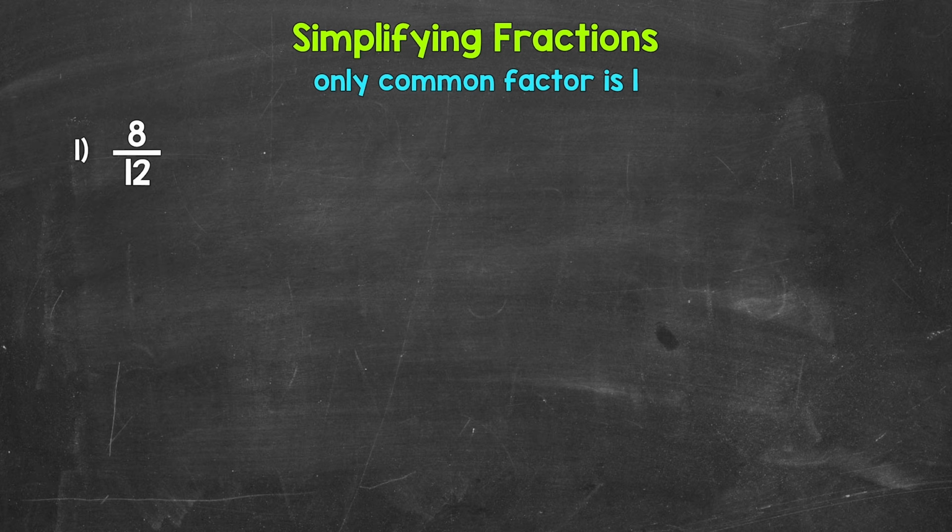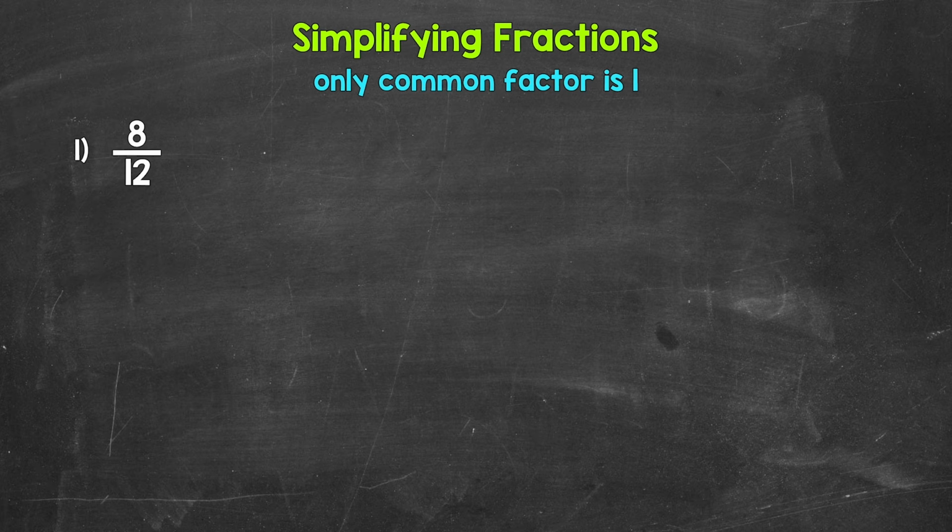Once the only common factor is 1, the fraction is in simplest form. Basically, that means we can't break the fraction down any further. So when we're simplifying fractions, we need to be thinking, is there anything we can divide the numerator and denominator by? Let's jump into our examples, starting with number 1, where we have 8/12.